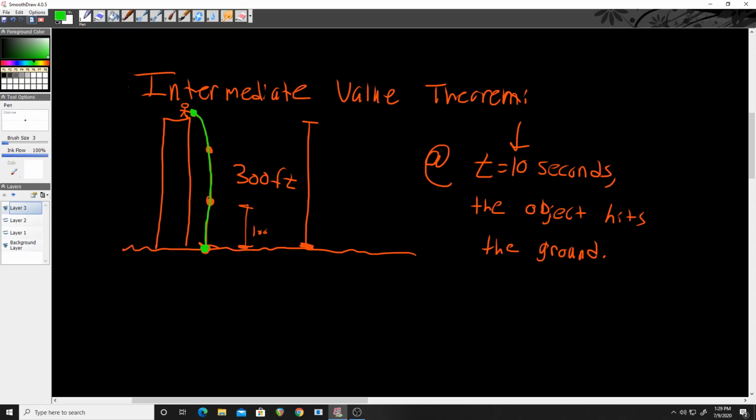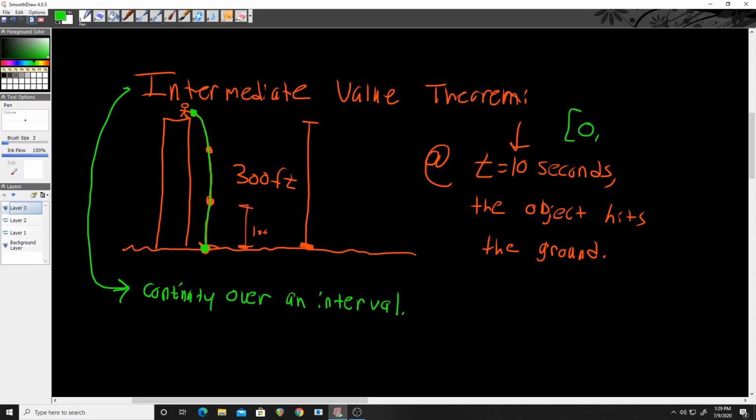So for the intermediate value theorem, we want continuity over an interval. In this case, the continuity was over this interval, t equals 0 to 10 seconds.